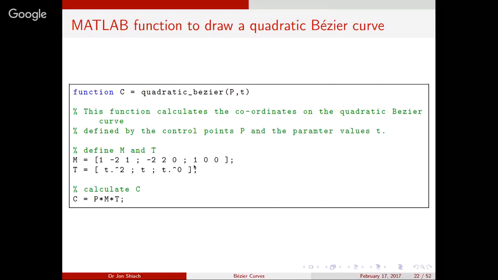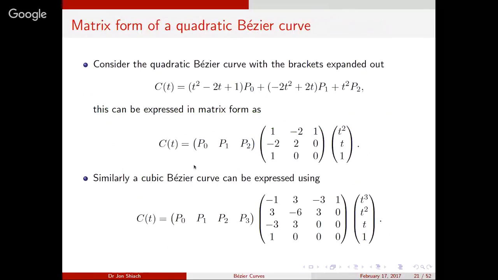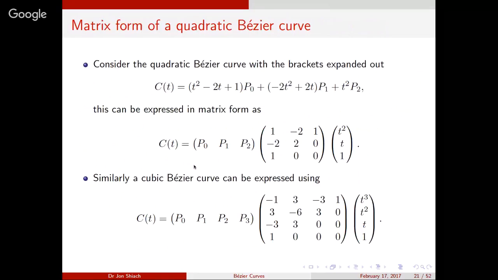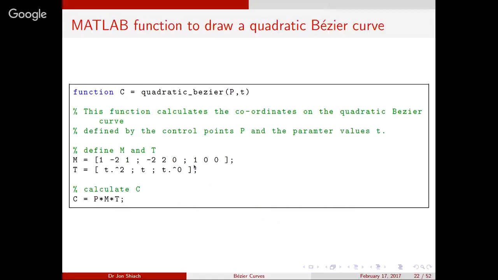So what I do here is I define M, which is this 3 by 3 square matrix, and I define T. If you imagine I'm using 100 values of T, I've got an array with 100 values starting at 0, ending at 1. The first row is all the values of T squared, the second row is just T, and the third row is just a row of 1s.